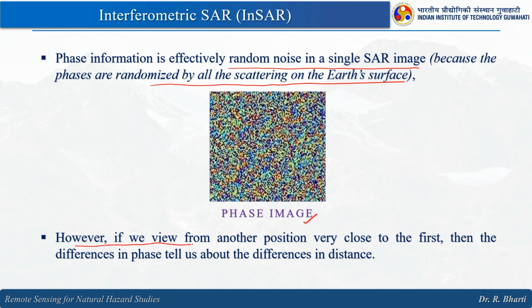However, if we view from another position very close to the first, then the differences in phase tell us about the difference in distance. I would like to take the example of our eyes. Our eyes are two different sensors placed at two different locations, and we are looking at one particular object at the same time. Because of that, we have depth perception.